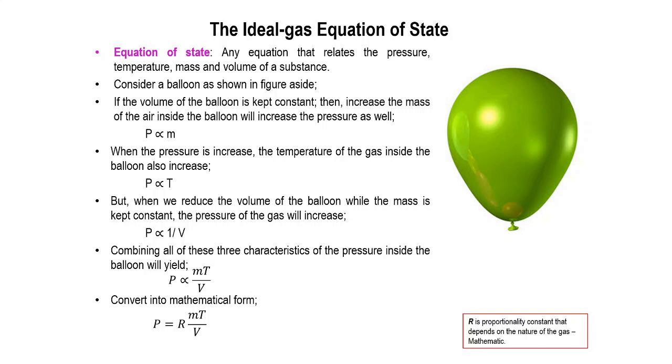So basically we need to determine first, by definition, what is the equation of state? Equation of state means any equation that relates the pressure, temperature, mass and volume of a substance. You can look at the figure on your right, a balloon.